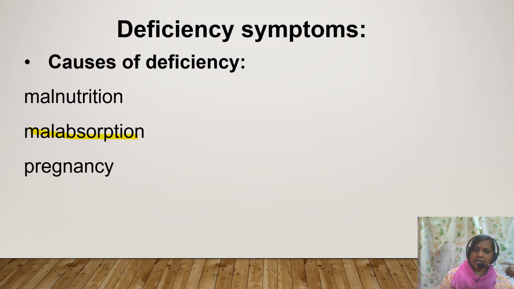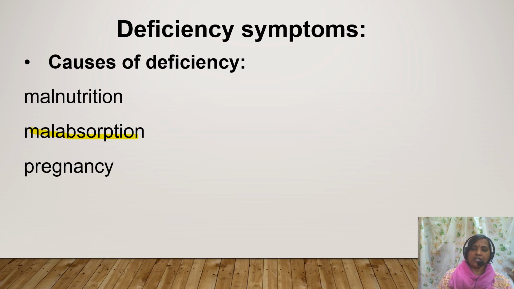Vitamin B6 deficiency is seen in pregnancy because in pregnancy the protein requirement, or consumption of protein, will be more. Accordingly, the requirement of this vitamin will be more, because it has a role in protein metabolism, right?